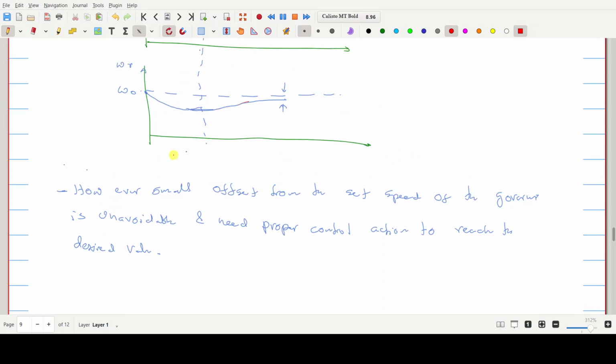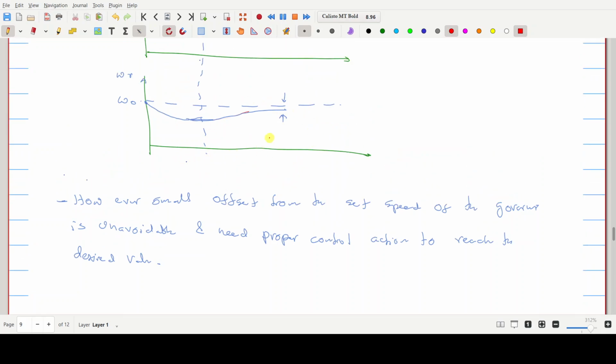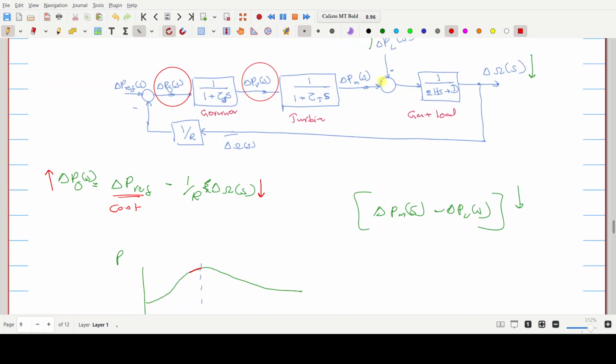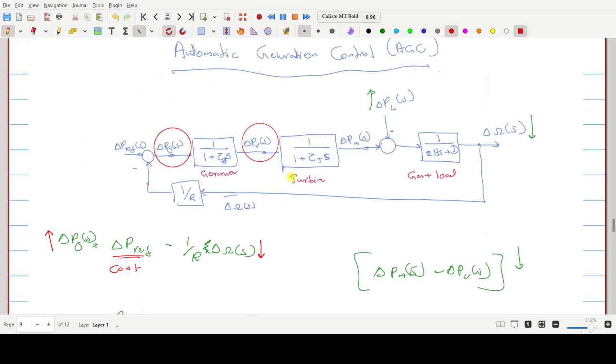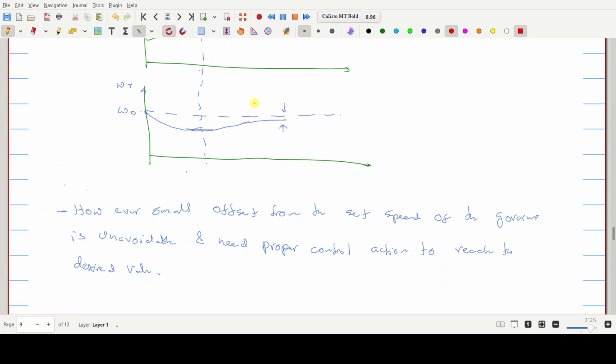But however, there will be a small offset from the set speed of the governor, and this is unavoidable, and so you need a proper control action to reach the desired value. So if you have this control implemented, there will be an unavoidable offset. It will not come back to omega 0, right?